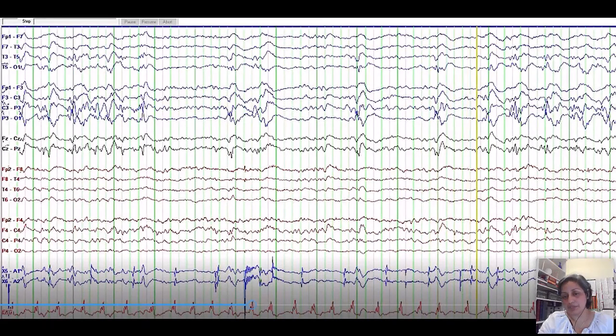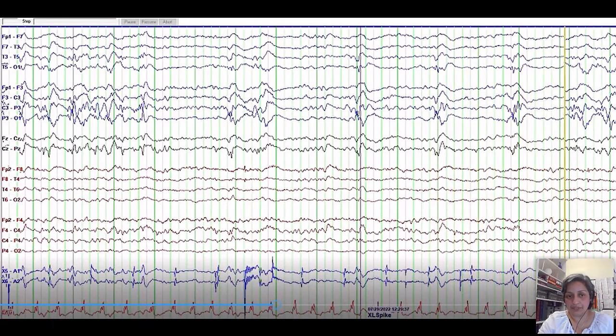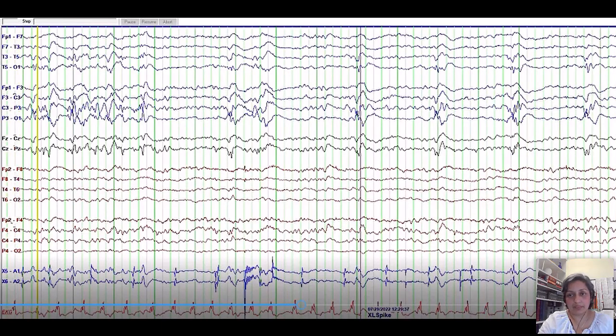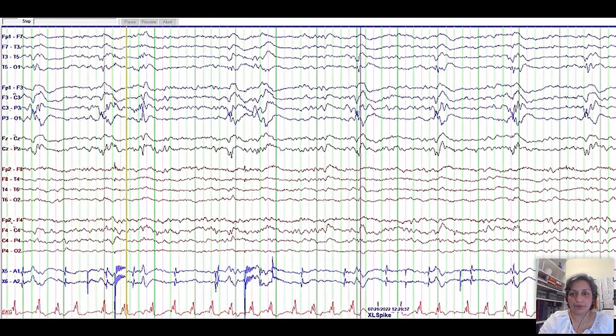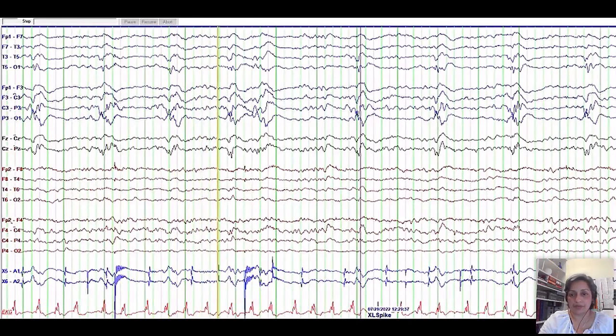So basically frequent discharges, and 9.5, 10 seconds of activity, which is classified as seizure here.